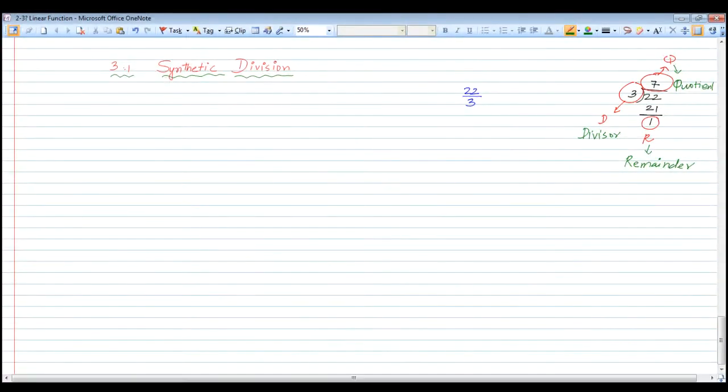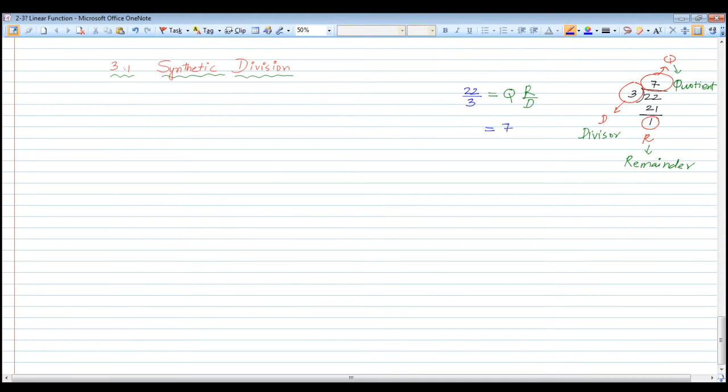So how will you write any two numbers divided by this? I can write it as quotient plus remainder over divisor. So this is my rule. According to that, what is the quotient here?